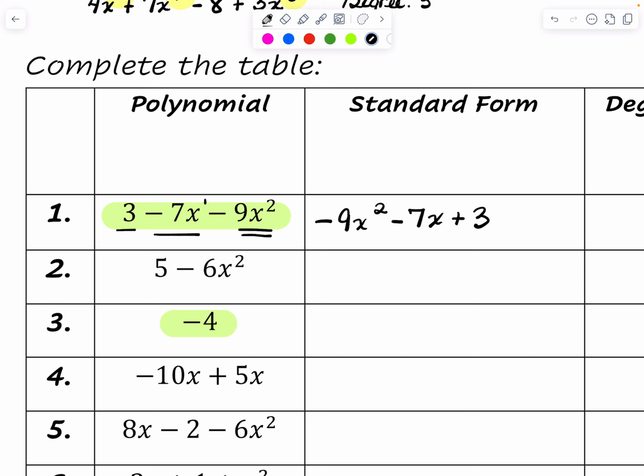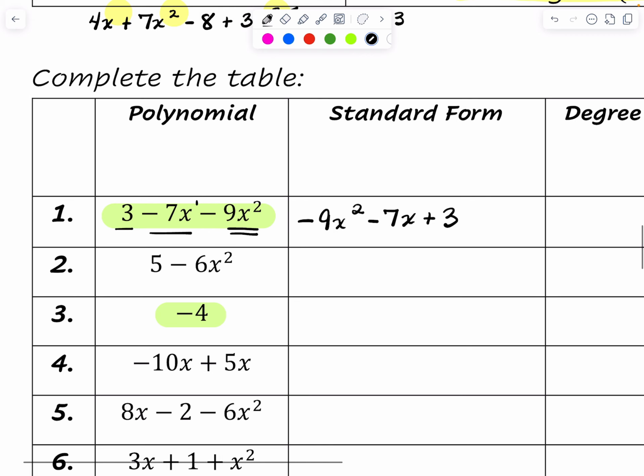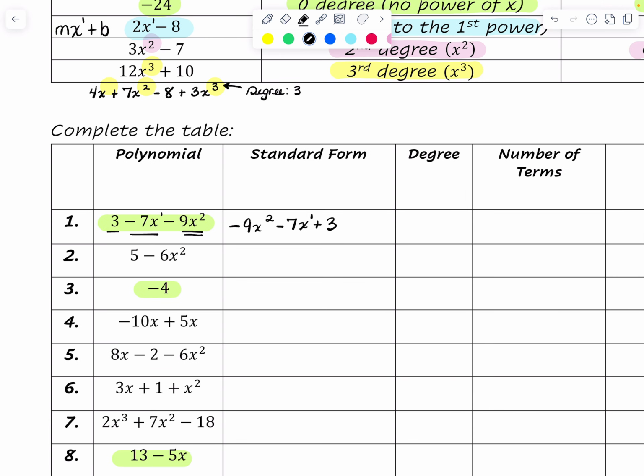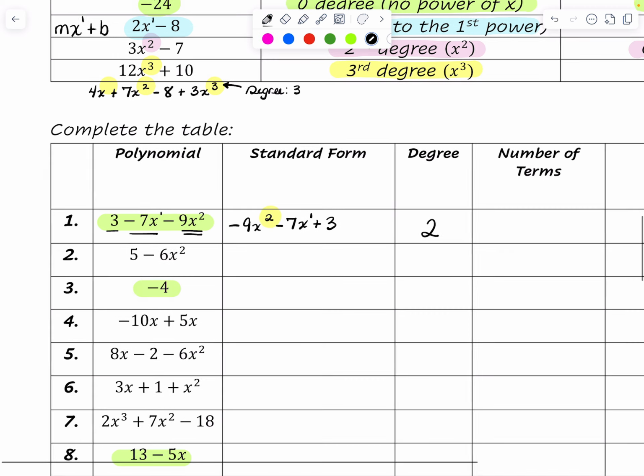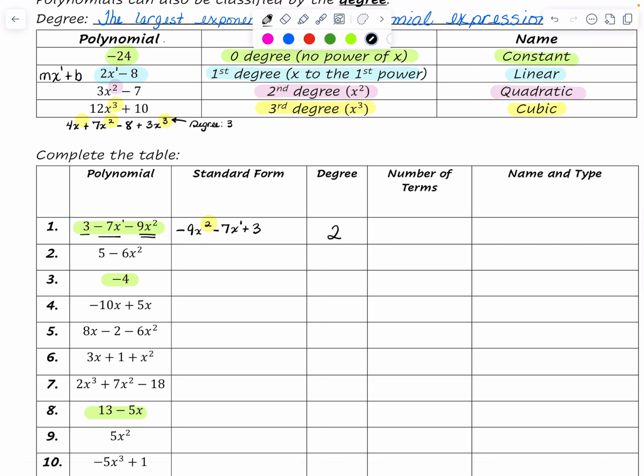So the first thing I want you to do is write them in standard form. That's from the largest exponent to the smallest exponent: squared, 1, and then no exponent. So what's the degree on this one? The degree on this one is 2. The highest exponent is 2. Then the number of terms, how many pieces are being added or subtracted together?